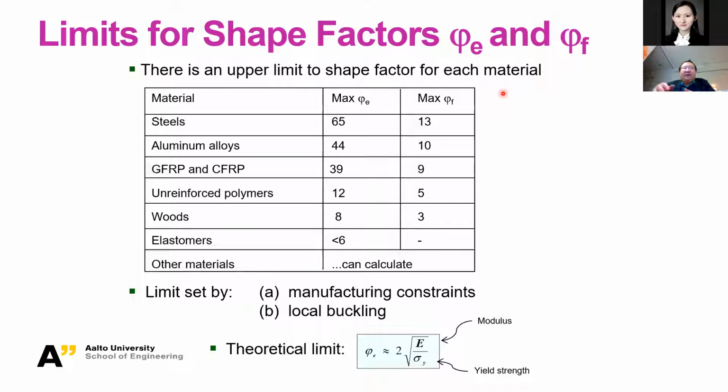And plastic is often much lower, which is 13. So with this, we want to make you aware that there are two constraints about the shape factor. The first one is manufacturing. So we cannot manufacture any shape that we want with our conventional methods, at least.